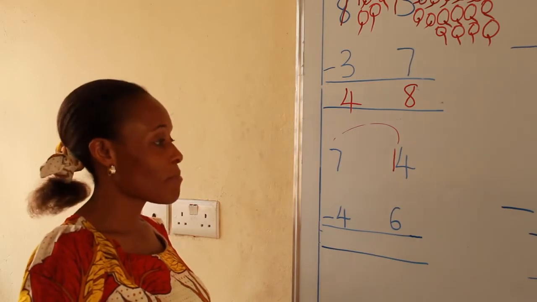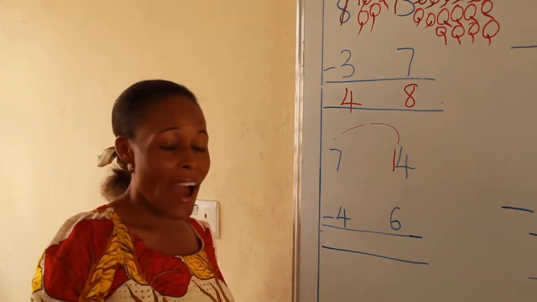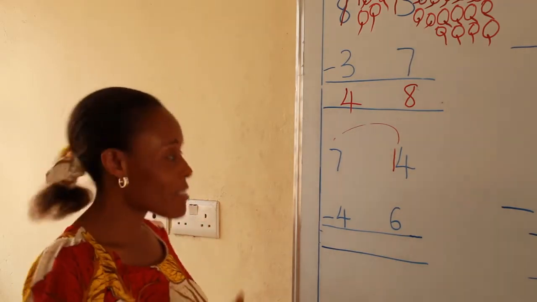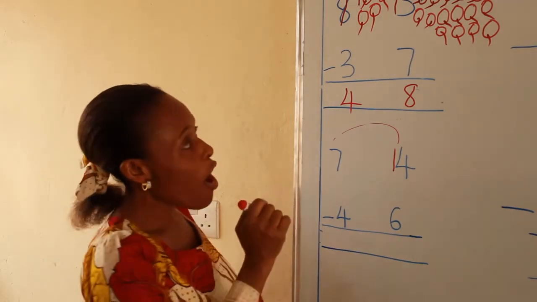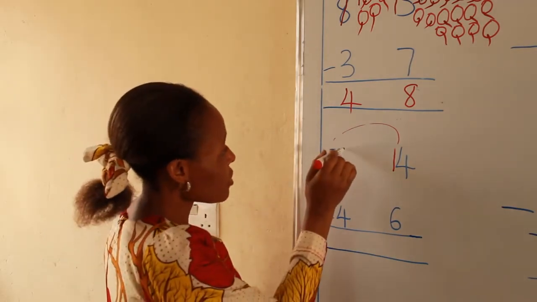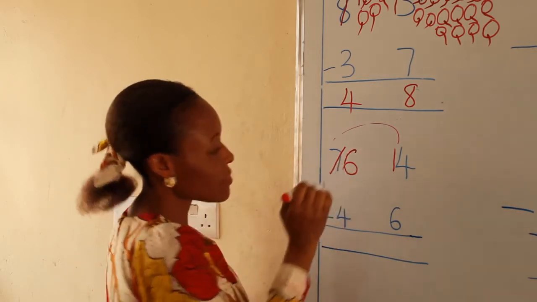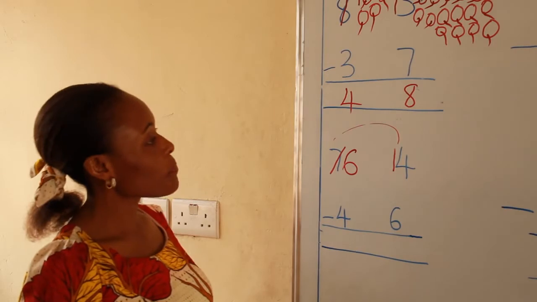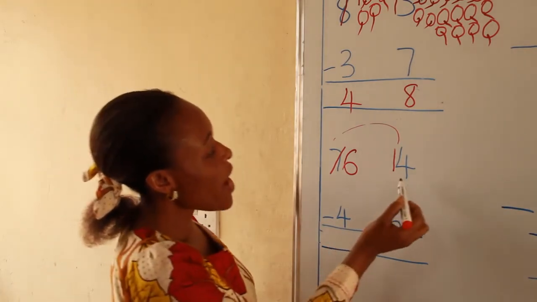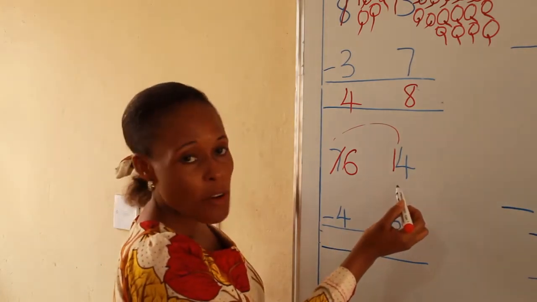Good, I'm waiting. So what's the answer? I guess it's number 6. So we have 6 remaining. All we need to do is cross out number 7 and then we'll write number 6. Good.